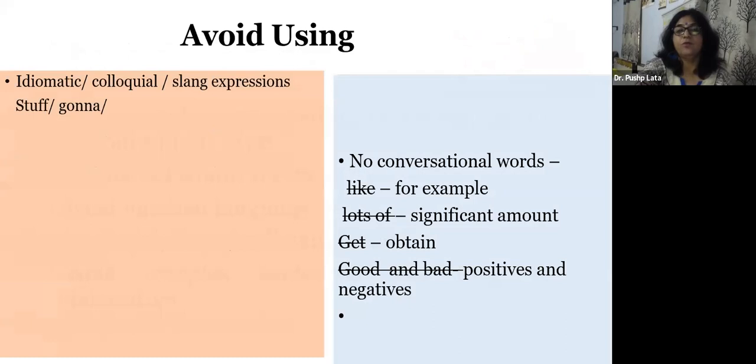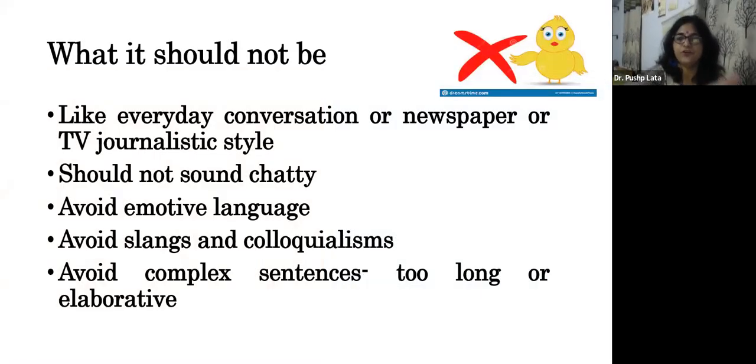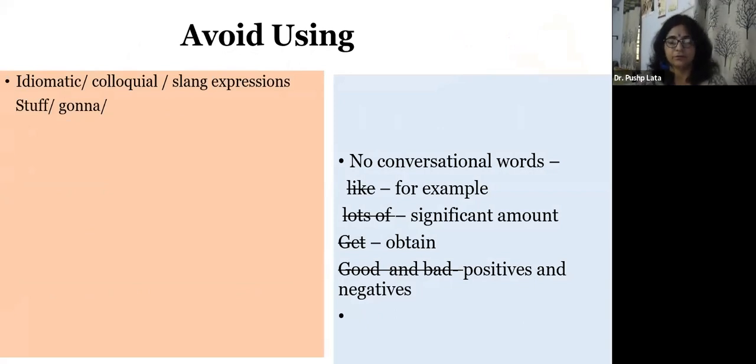Now, what should we avoid so that we do not have these things in academic writing? The very first thing is we should not use idioms. We have a habit of using a lot of idioms because we feel that it makes more sense.